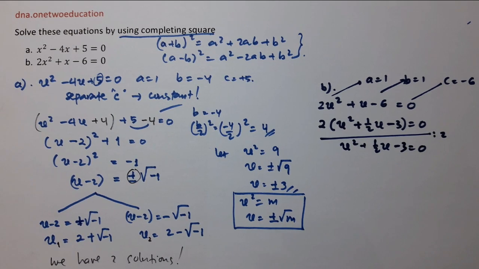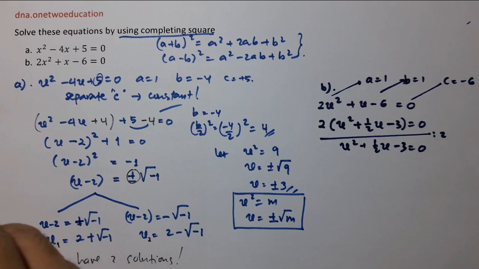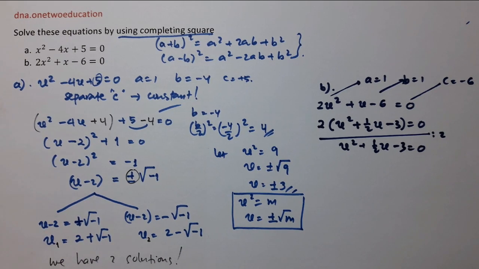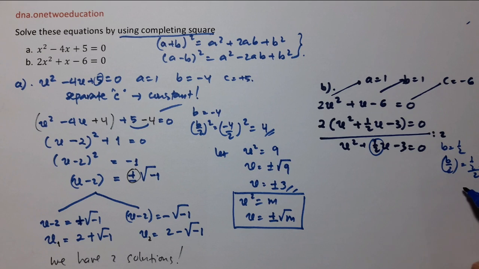Clear, everyone? Okay, so for this new formula, we have b equal a half. Now we have the new formula, b is a half, right? So b over 2 is a half over 2, we got a quarter, 1 over 4.